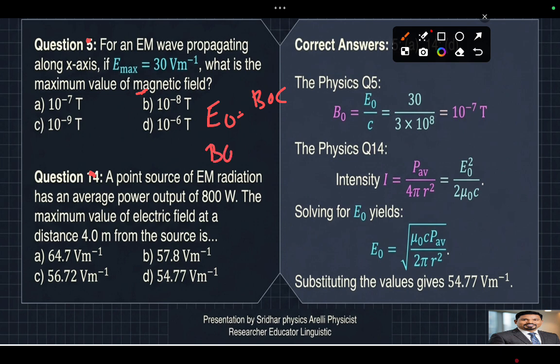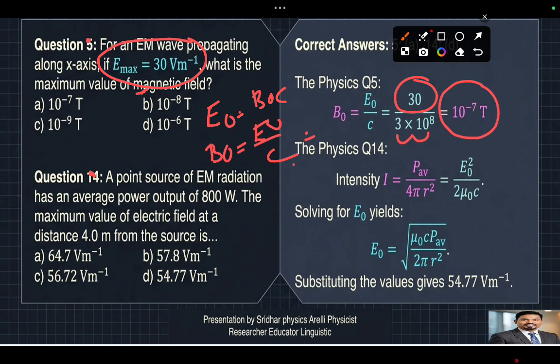So B naught equal to E naught by c. E naught is 30 volt per meter, c is the speed of light, 3 into 10 to the power of 8. After replacing the data and simplifying, we get 10 to the power of minus 7 Tesla.